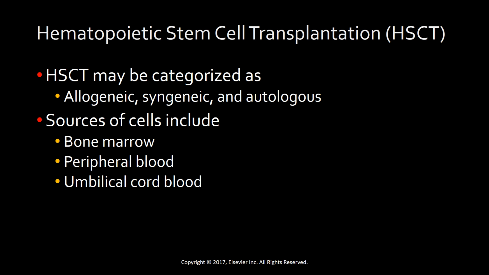The aim of this approach is purely to rescue. It allows patients to receive intensive chemotherapy and/or radiation by supporting them with their previously harvested stem cells until their own marrow is able to generate blood cells again on its own. So that's a breakdown of the categories of HSCT.